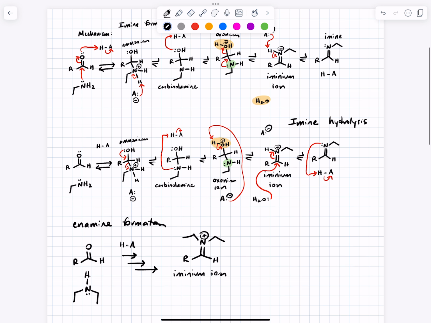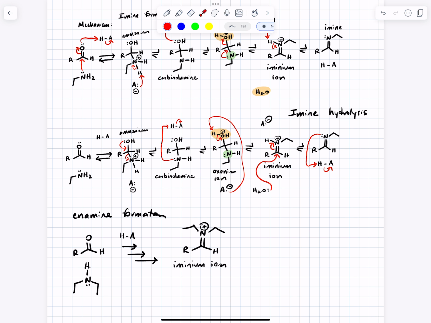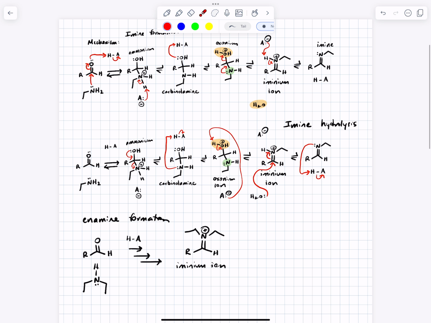And notice that what we did above, at the step that we had the iminium ion, the conjugate base of our acid could remove a proton from the iminium ion. There's no NH bond to remove. So when you use a secondary amine, you can't get to the imine product because there's no NH bond to remove.